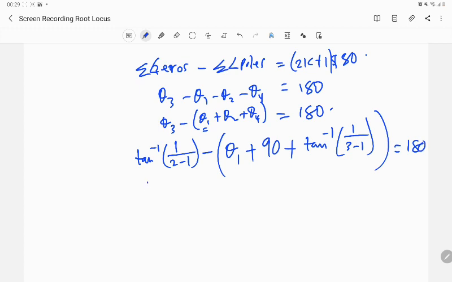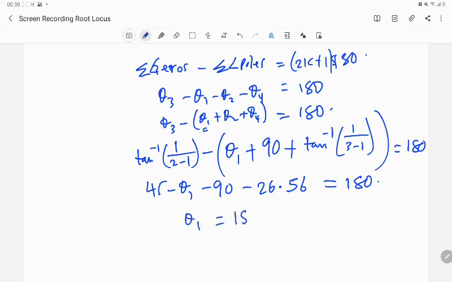This is basically going to give you 45 minus theta 1 minus 90 minus 26.56 equals 180, and so theta 1 equals 180, so you bring, sorry, so it's going to be 45 minus 90 minus 26.56 minus 180.